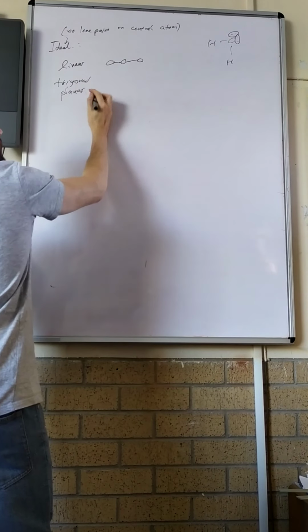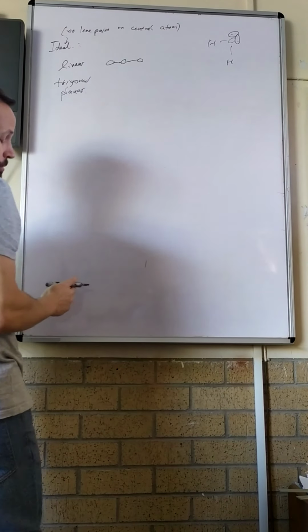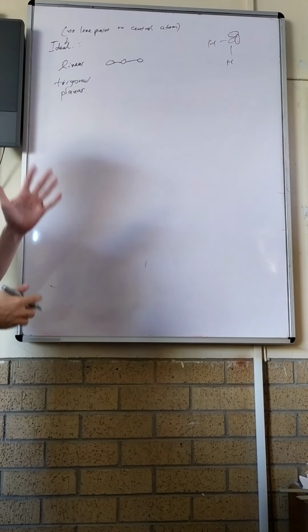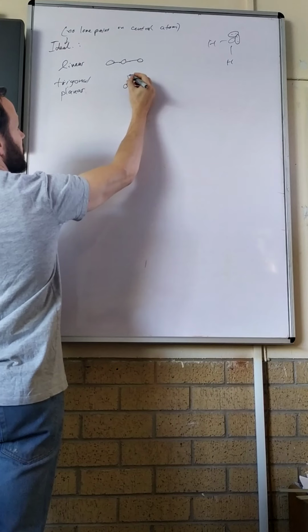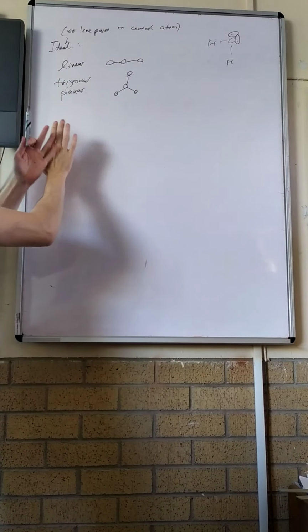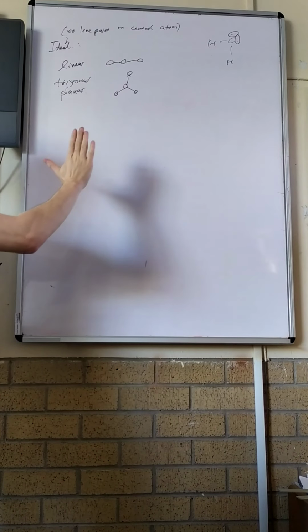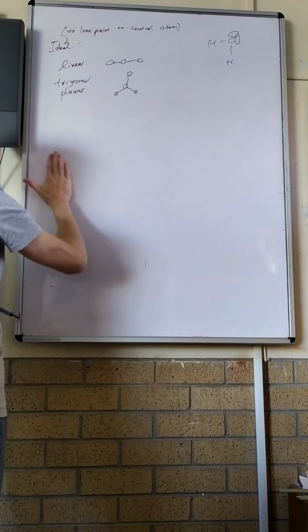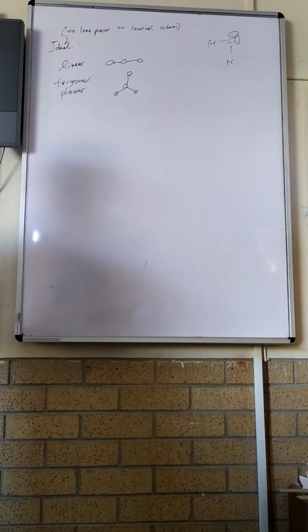Trigonal planar is the ideal shape. What does it look like? It looks like a fidget spinner. Okay, it's in a plane. It goes like one atom, then atom, then atom, then atom. And if you looked at it from the side, it would look flat. So it's in a plane. That's why it's called planar, because it lies in a plane. When something lies in a plane, it means that from the side it looks flat.